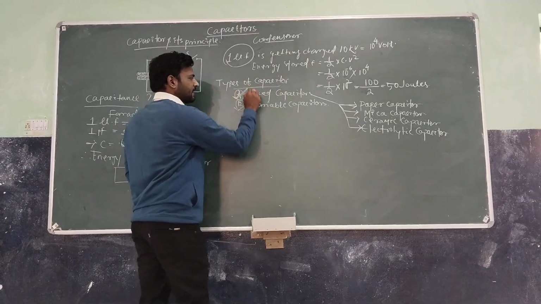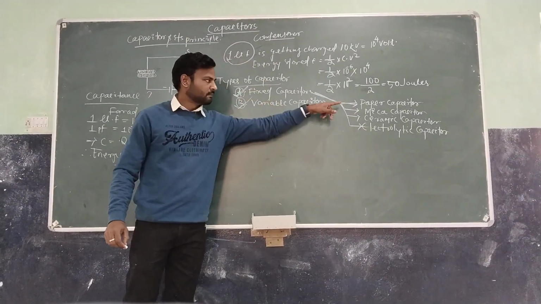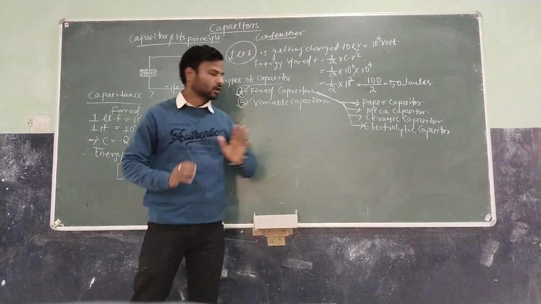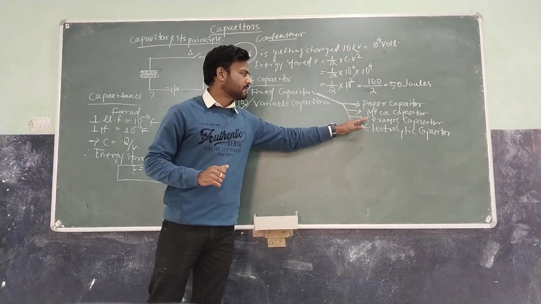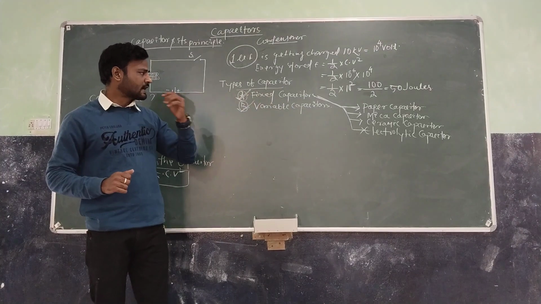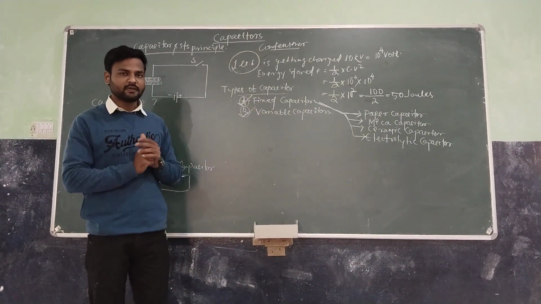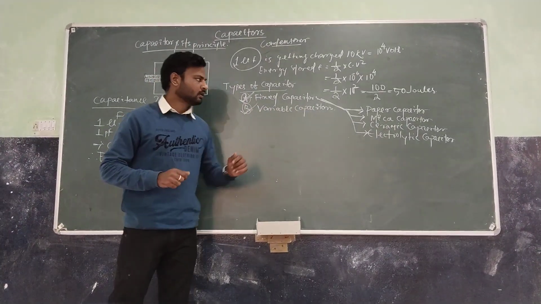So fixed capacitors are of 4 types: paper capacitor, mica capacitor, ceramic capacitor, and electrolytic capacitor. Paper capacitor and mica capacitor are fixed capacitors whose capacitance value is fixed, and they are used in electronic circuits.